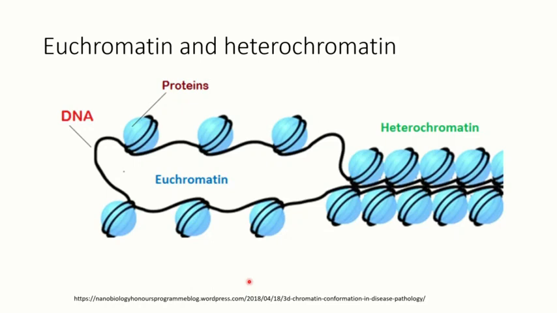In eukaryote organisms, you have the chromatin structure. It contains euchromatin and heterochromatin. Heterochromatin is the highly compact, closed structure, whereas euchromatin is open, and you can start to have transcription or other regulatory functions get involved.